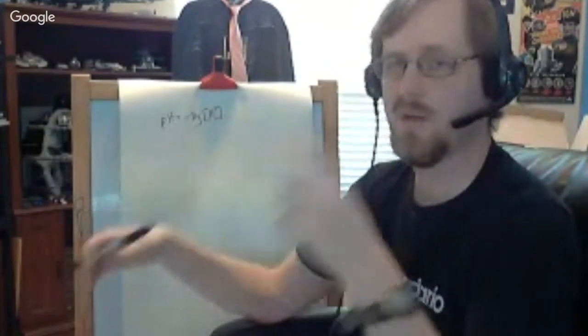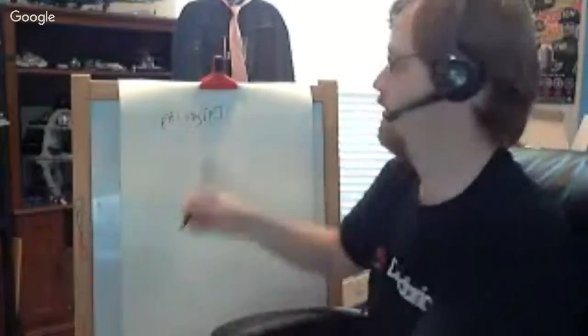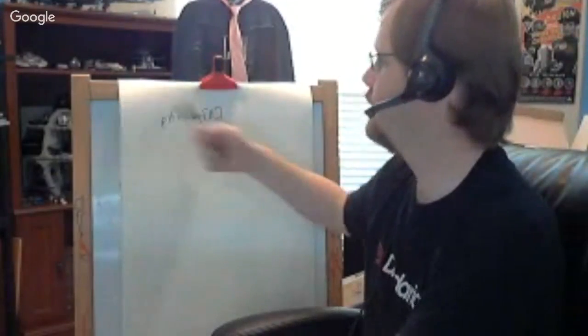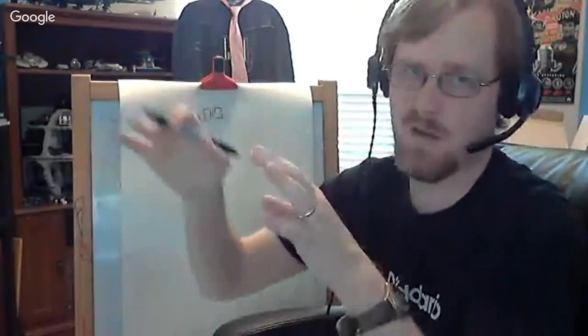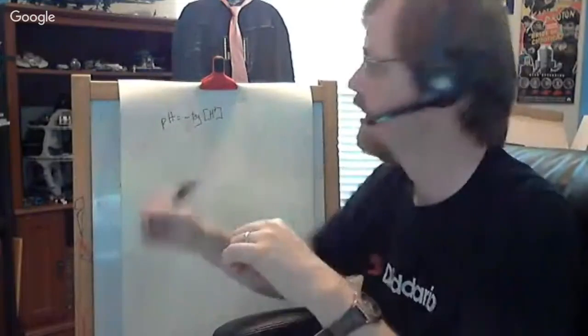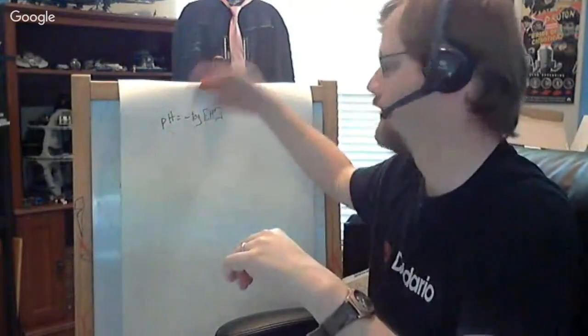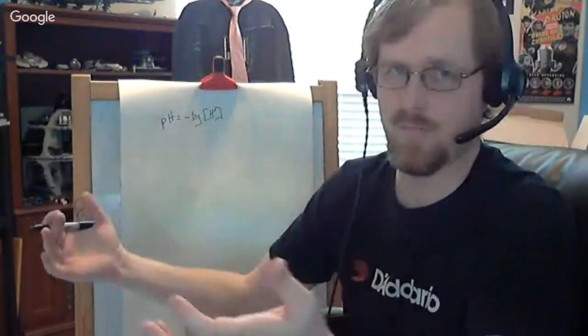There's your pH. If you're going the other direction, you start with pH and do the opposite. So instead of log, you do second log, which is actually 10 to the x. You make it negative, 10 to the x, boom, you're done.